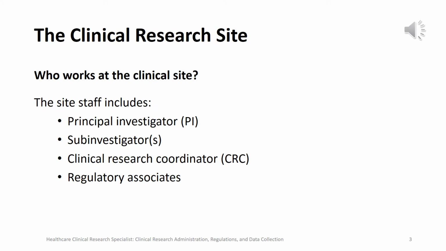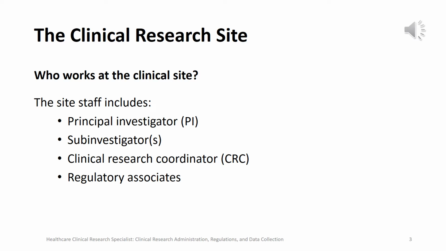So let's start by answering the question, who works at the clinical site? There are some specific staff roles that are common to each clinical site, although not all of them may have these, but most of them will. And these are going to be the principal investigator, or the PI.